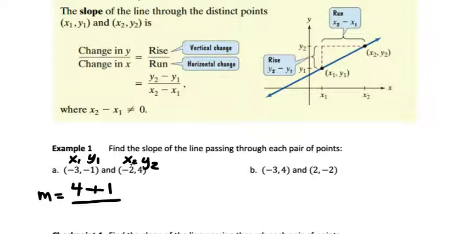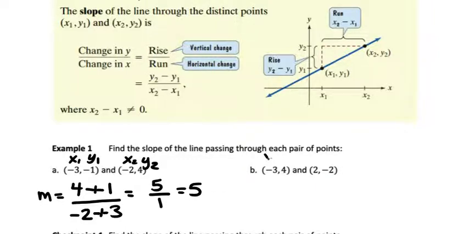For the denominator, I'm going to plug in -2 for x2, and -3 for x1. Again, this is minus -3, and that changes to plus. So 4 plus 1 is 5. -2 plus 3 is 1, so my slope is 5 over 1, which I can simplify to 5.